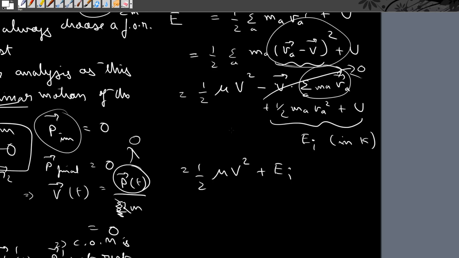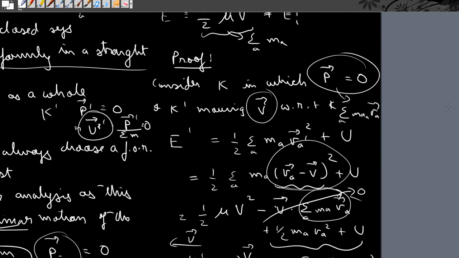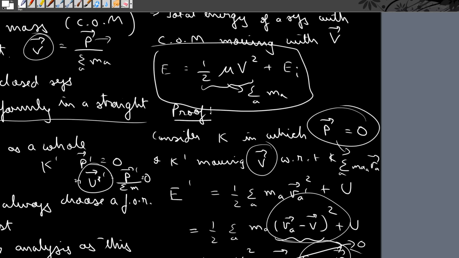Therefore the total energy of a system in a frame of reference in which the center of mass is moving with some velocity v, in this case the center of mass moves with velocity v in this direction if K dash moves with velocity v in this direction, but when you take this magnitude squared, the direction doesn't matter. So the total energy is equal to half into mu, which is the summation over all the masses, times velocity of the center of mass squared plus the internal energy, which is what we had written down here.